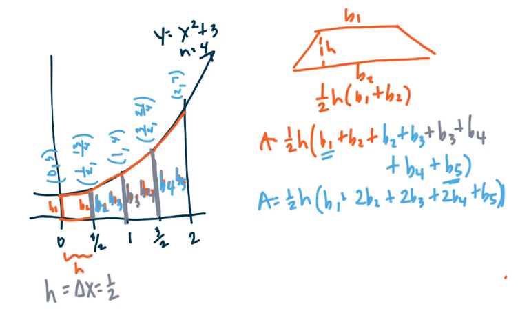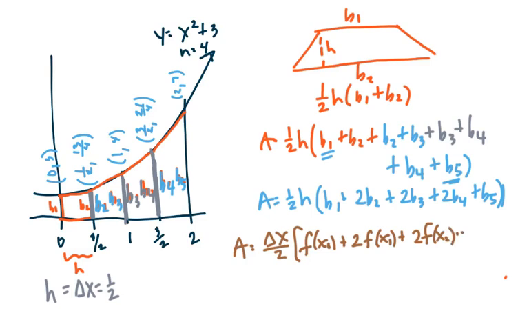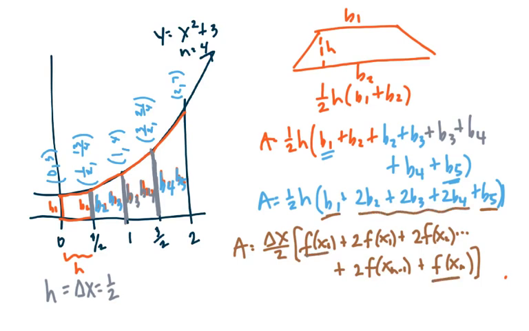They say that delta x over 2, so that's the height divided by 2, and then they say f of x sub 0 plus 2 f of x sub 1 plus 2 f of x sub 2 plus dot dot dot plus 2 f of x sub n minus 1 plus f of x sub n. So you can see that the first one and the last one happen once, and everything in the middle occurs twice. So now let's look at ours.